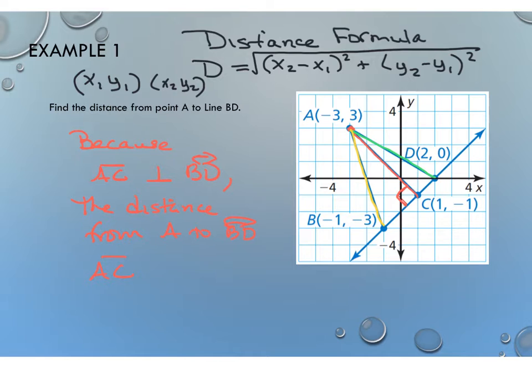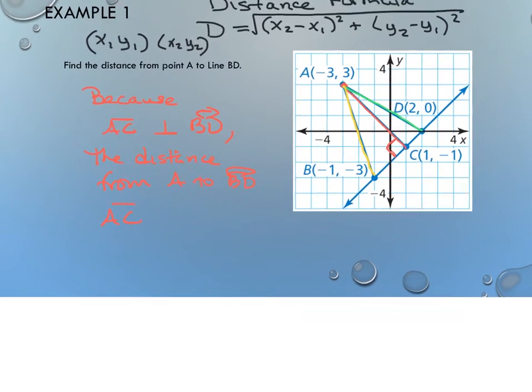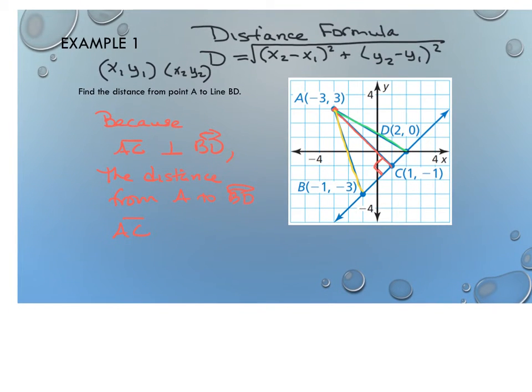So now let's try to find the length of that red segment, AC. So go ahead and do it down here. The 2 ordered pairs that I'm using are going to be the ordered pair for A, which is -3, 3, and the ordered pair for C, which is 1, negative 1.